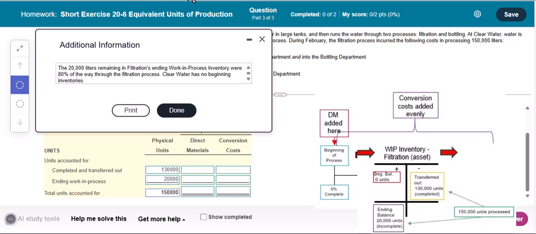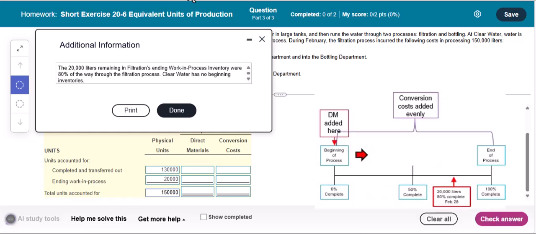So let me go back and switch back to our other slide. What this is talking about is that conversion costs are added evenly through the process. So at the end of February, 20,000 units were still in the department that are still being filtered. They're incomplete, but they are 80% complete for conversion costs. But the direct materials were added at the beginning of the process.